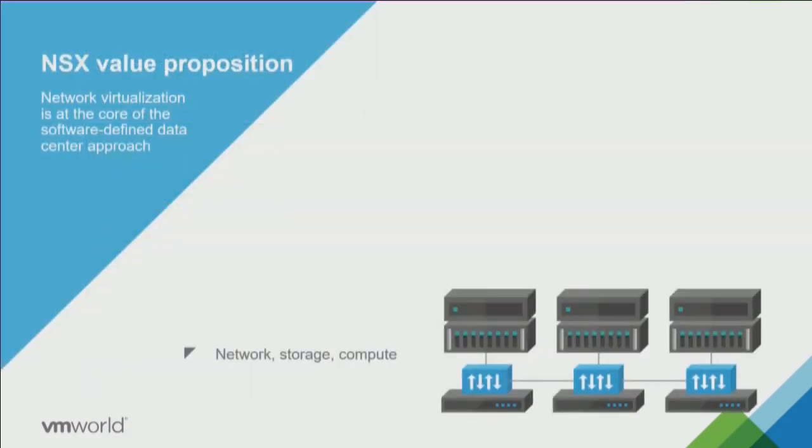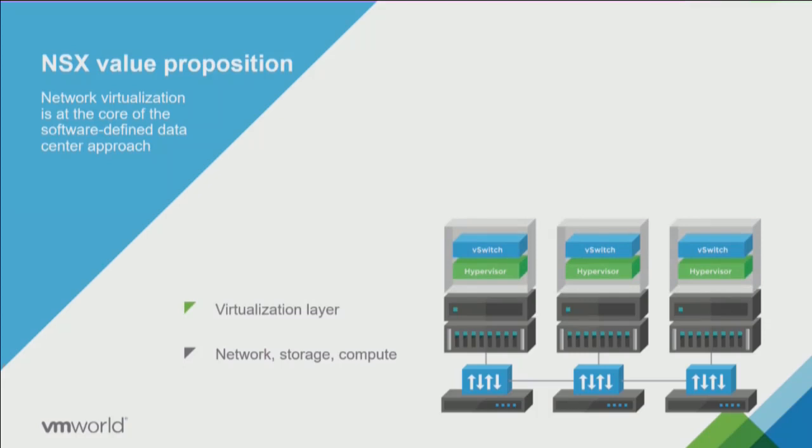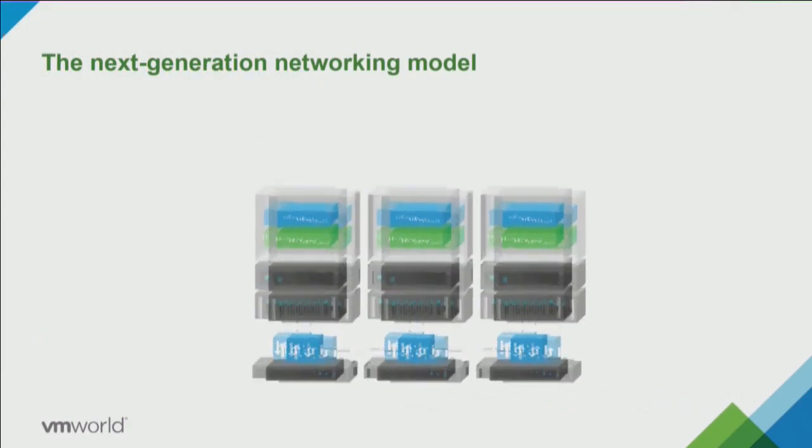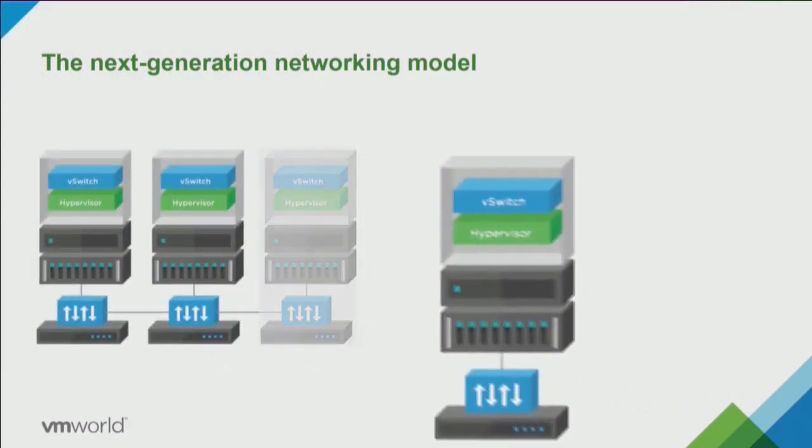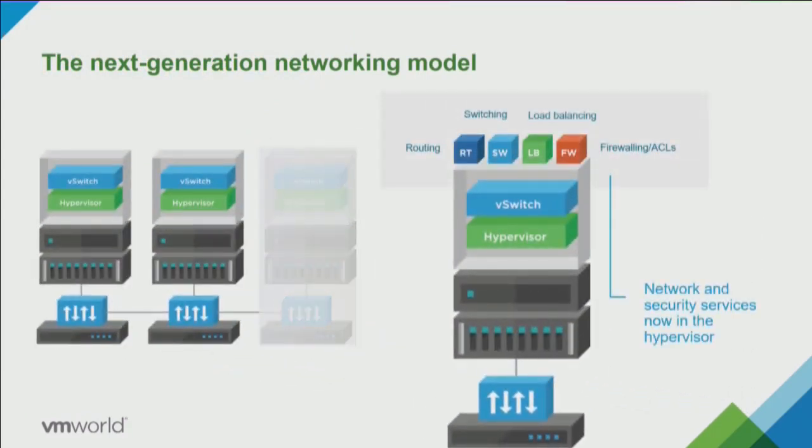And I'm going to go through this very, very quickly, just a bit of a refresher on how NSX works here. Much in the same way that we virtualized compute with vSphere, what we've done with NSX is virtualize these standard networking components. We've got your routing, switching, firewall, load balancing, all available in the hypervisor running at line rate speeds.